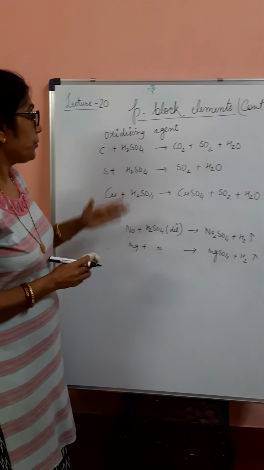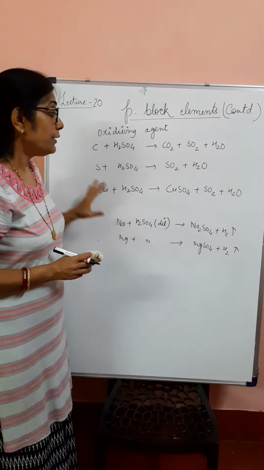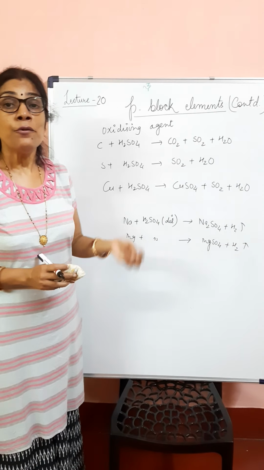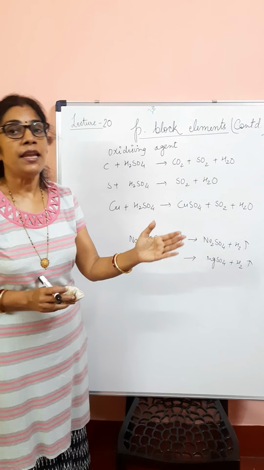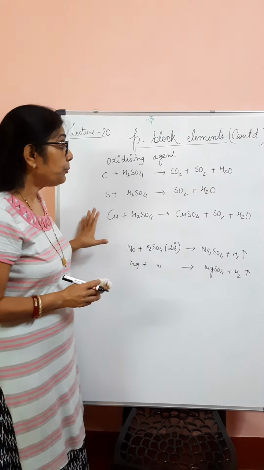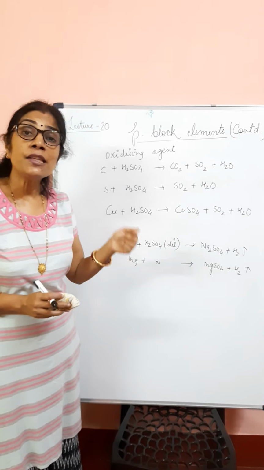And so on. So these are the important properties of sulfuric acid, and so far as uses are concerned, you have seen in the laboratory, without sulfuric acid, none of the cations and anions can easily be analyzed. So it is a very, very important chemical, and that's why it is known as king of chemicals.